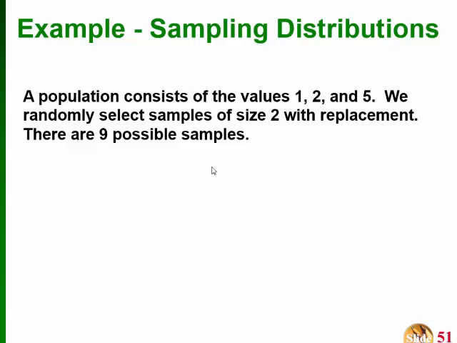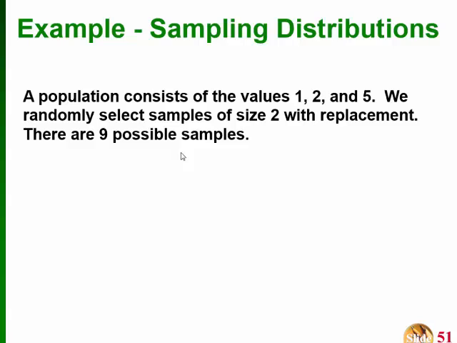As an example, let's say we have a population of 3 numbers: 1, 2, and 5. Our sample size would be 2. They use this particular example because we can actually picture it. The population is small enough, with 3 things and a sample size of 2, that we can make a list.